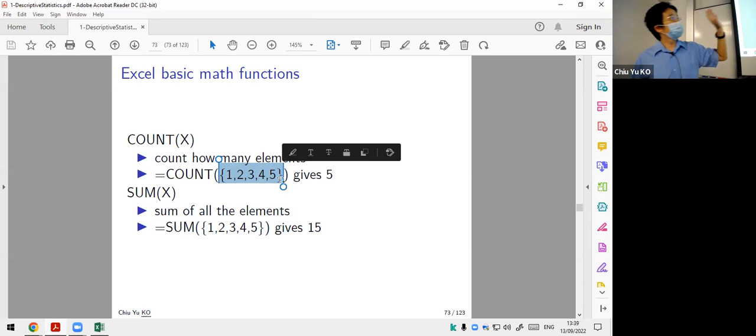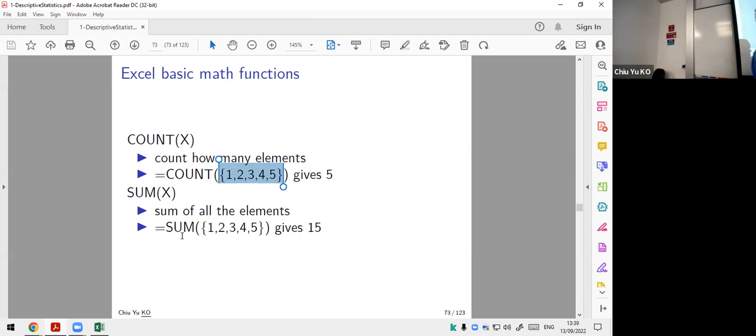So basically, this function is counting how many data you have here, which is exactly the n in our formulas. So this is n, right? And the next one is sum, which is summing all. And immediately from this, you can see how we can calculate average. Just the sum over the count.